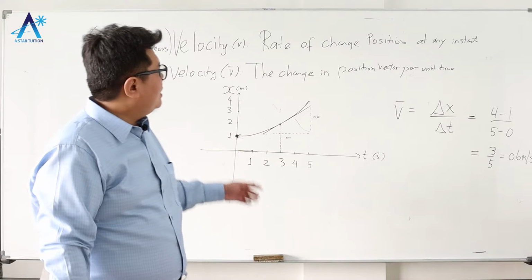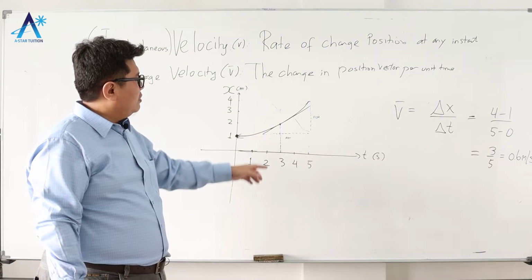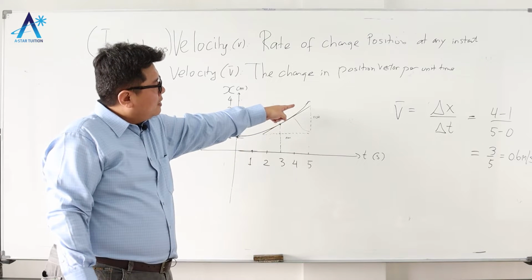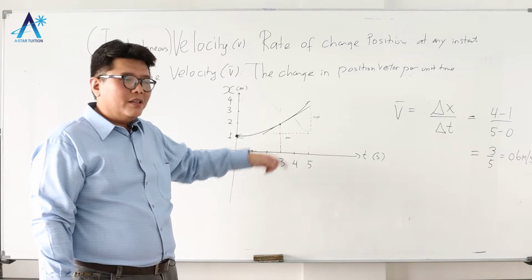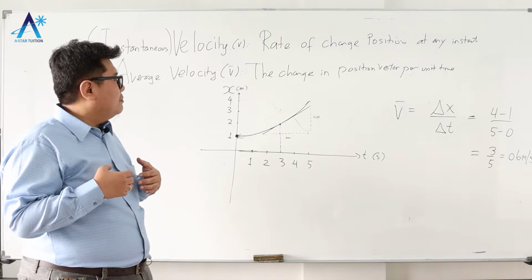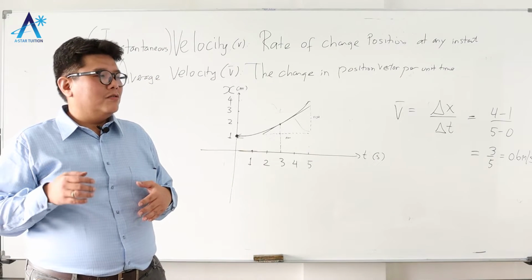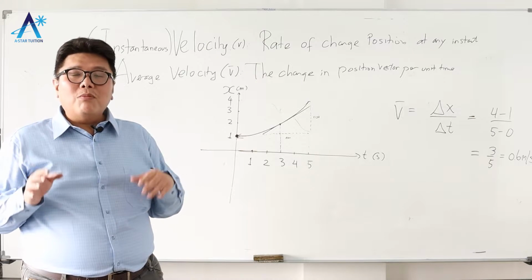So when we try to find the velocity, what we do is estimate the slope of the tangent line at this point.